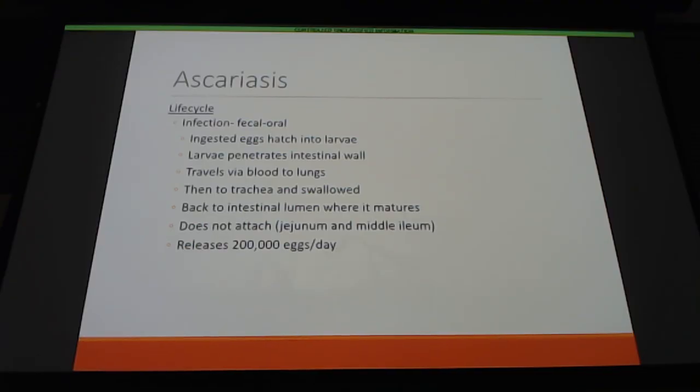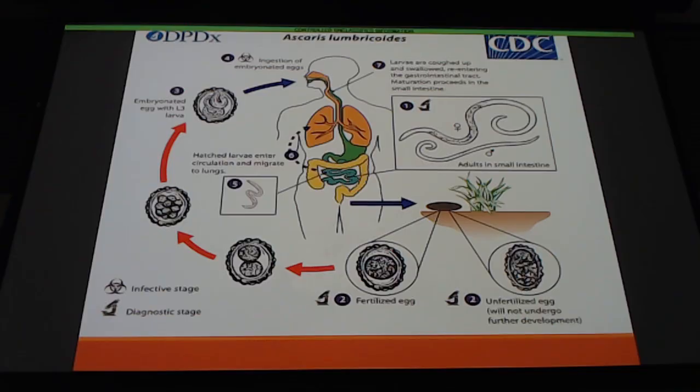Now these guys have a lot of what we call worm burden. Okay? Remember what we talked about yesterday, when we say worm burden, it just means there's a lot of worms in your gut, in your intestinal lining.